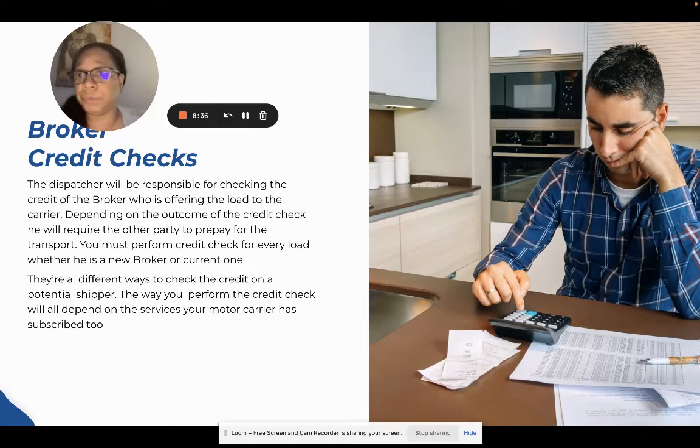You got to do your due diligence as well. Okay, there are different ways to check the credit on the potential shipper. The way you perform the credit check will depend on the services your motor carrier has subscribed to. So also, not only checking credit check for your broker, but you could check the shipper too. That's a whole nother story, because the broker is the one who calls the shipper.